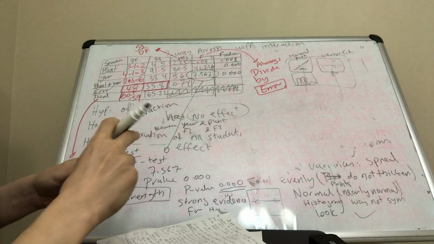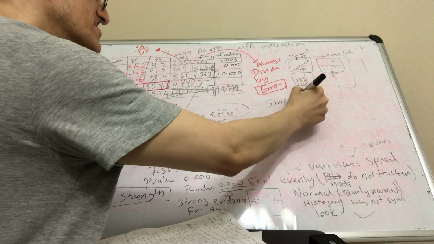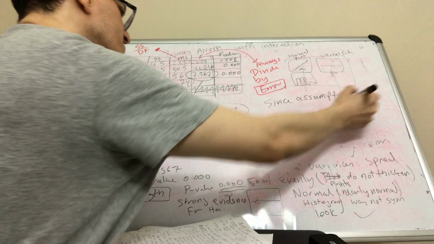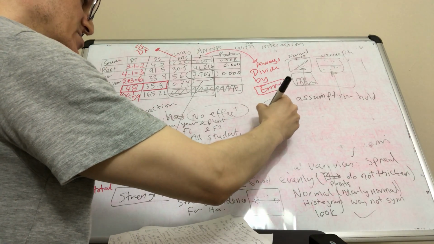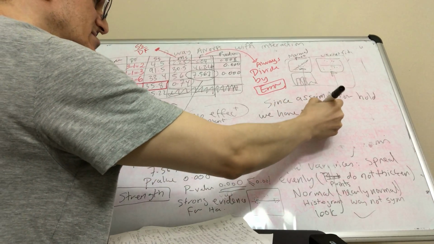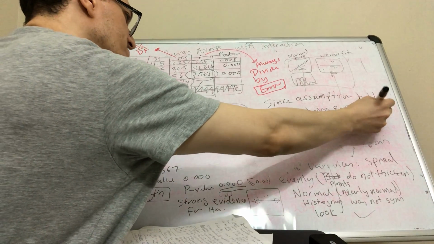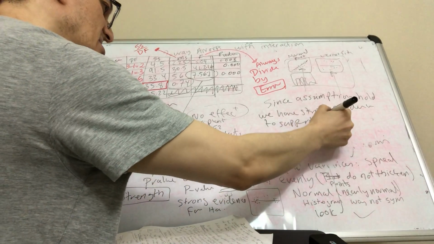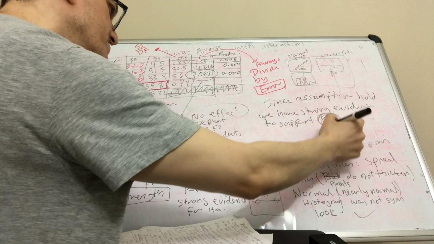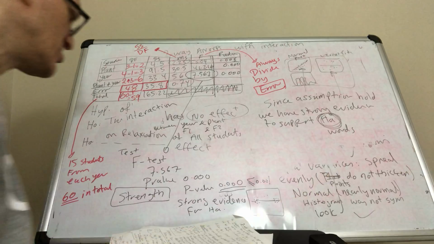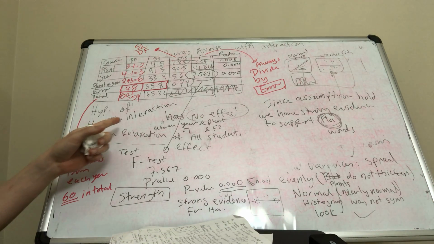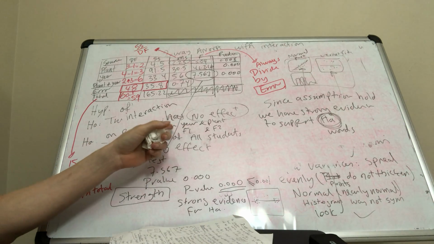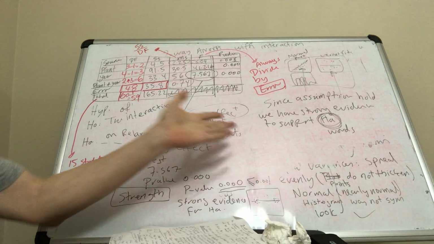You say, since assumptions hold, we have strong evidence to support HA, but you don't say HA, you say what HA is in words. We have strong evidence to show that the interaction has an effect on the relaxation for all students, or the interaction between year and plant has an effect on relaxation.